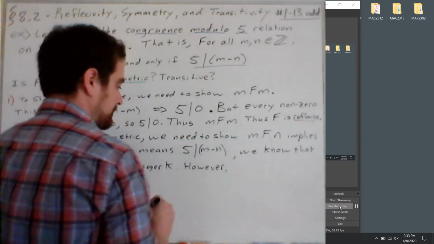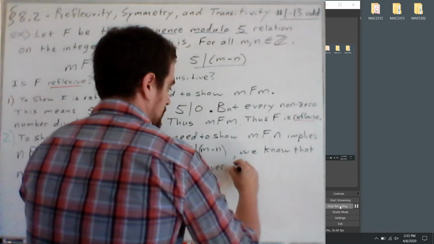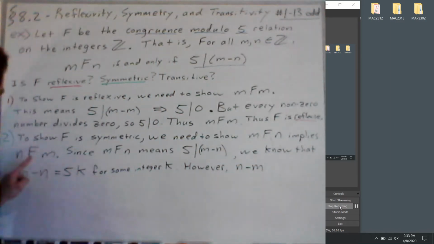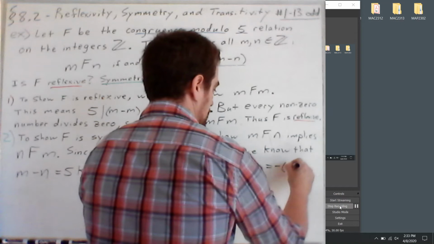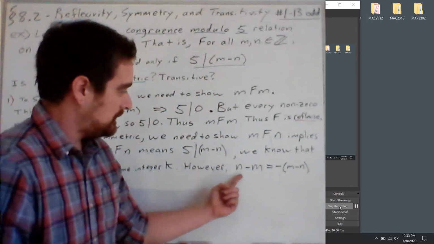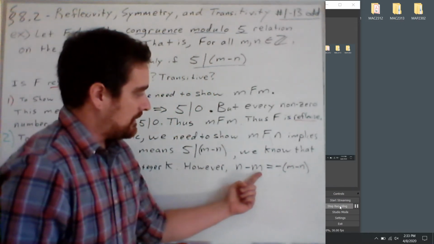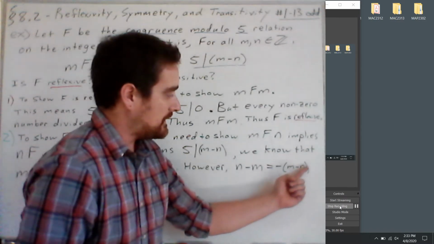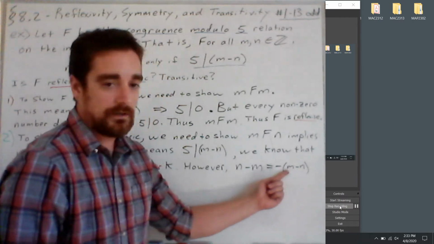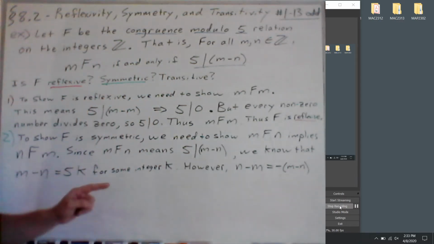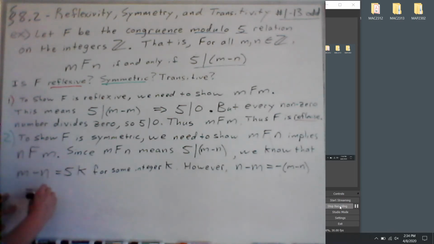However, this n minus m is what we need to show is divisible by 5. But n minus m is just the opposite of m minus n. Check it out. Positive n minus m, if I distribute negative m, negative negative is positive n. Positive n and negative m is equal to negative 5k. We just said that m minus n is 5k.